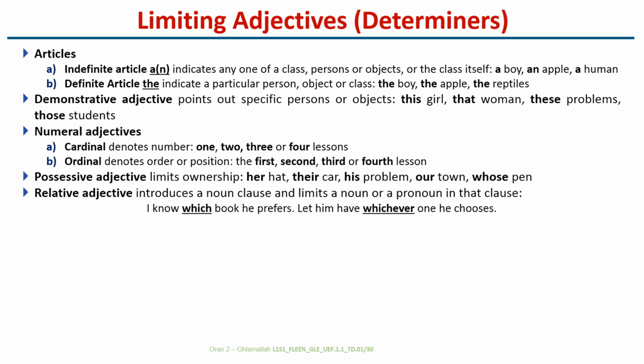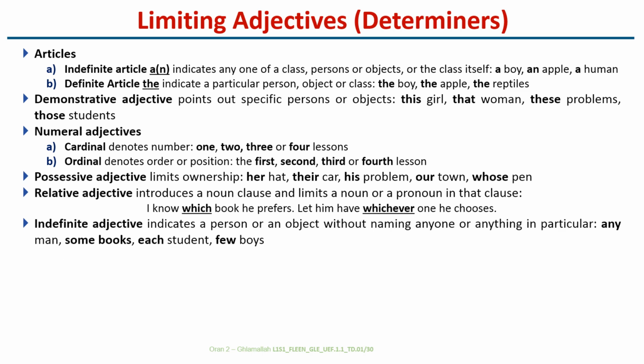Both which and whichever are relative adjectives. Note, the difference between relative adjectives and relative pronouns is that relative pronouns do take place after a noun, but relative adjectives and determiners in general always need a noun or a pronoun after them. So I cannot say this book is my, but I say this book is mine.